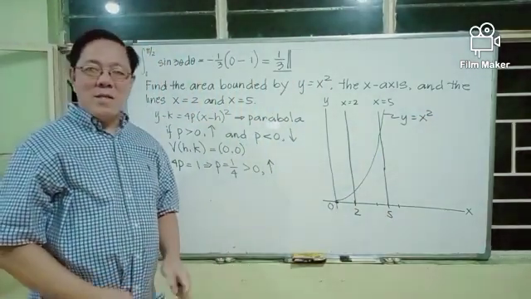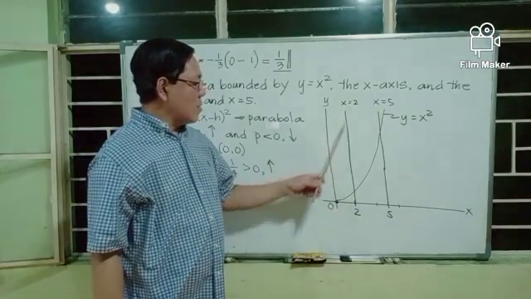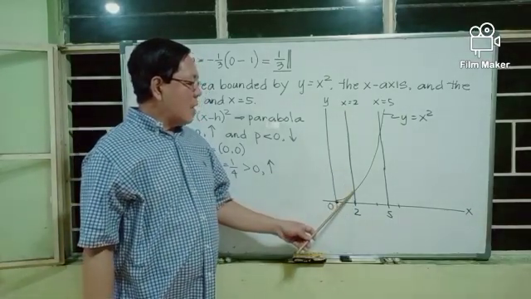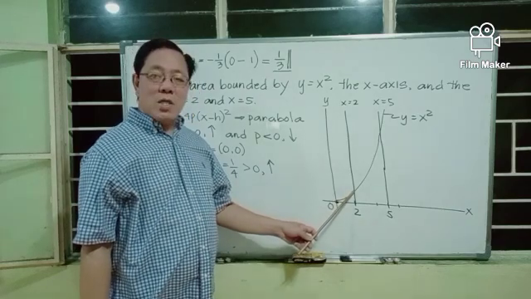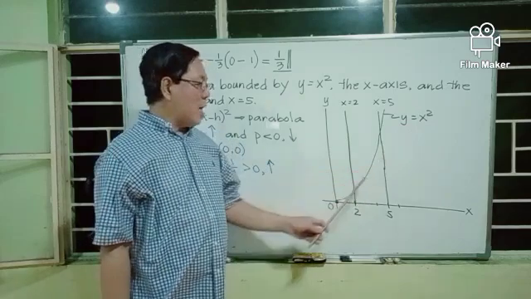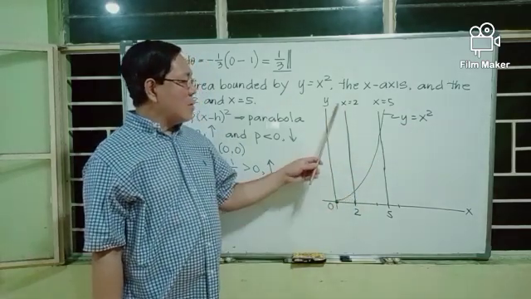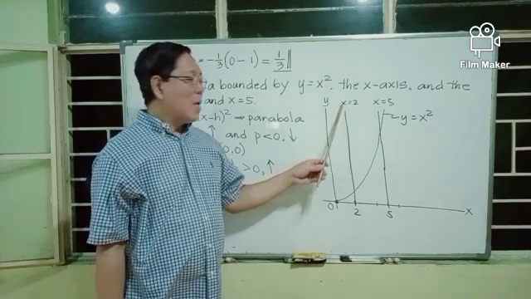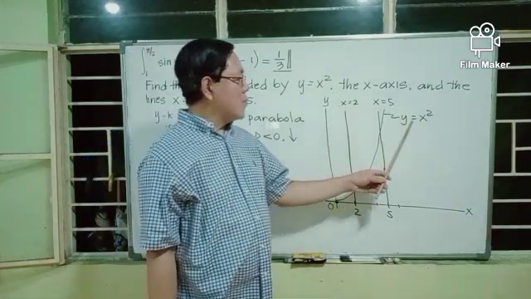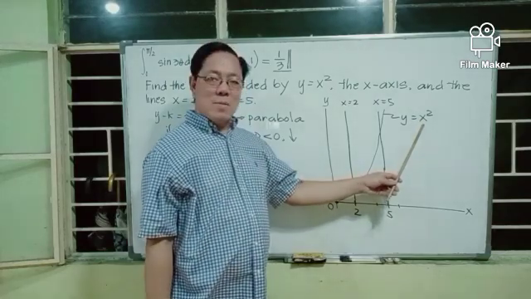You can see that the parabola intersects the line x equals 2. And we find this point of intersection of the parabola y equals x squared and x equals 2. At this point, we already know that x equals 2. And when x is 2, the value of y is 2 squared.